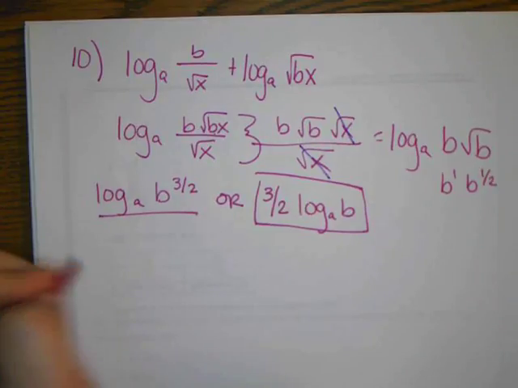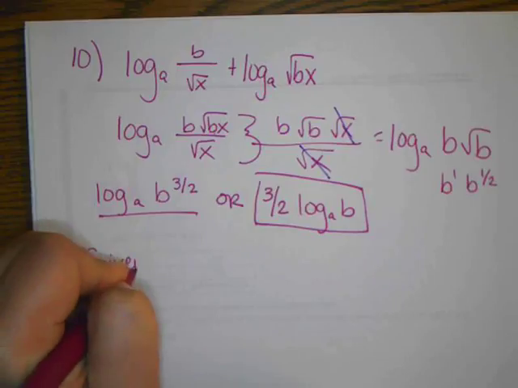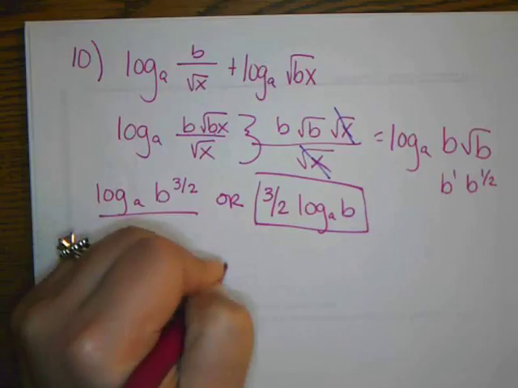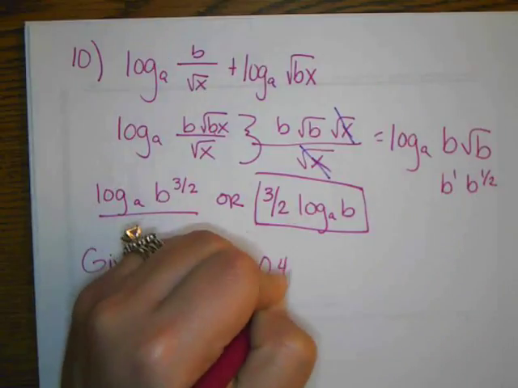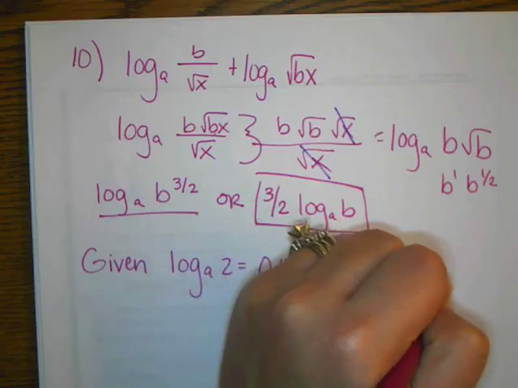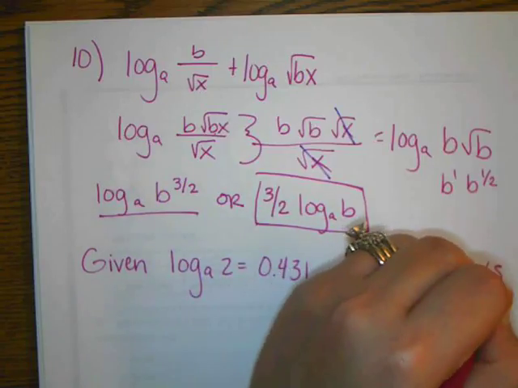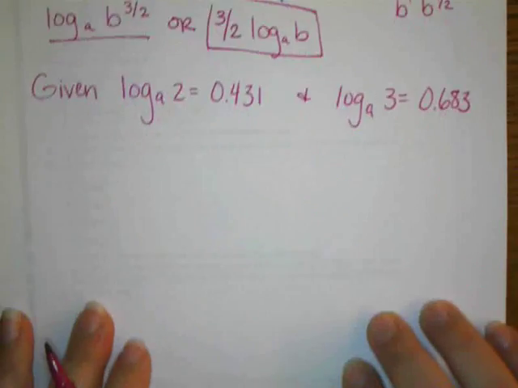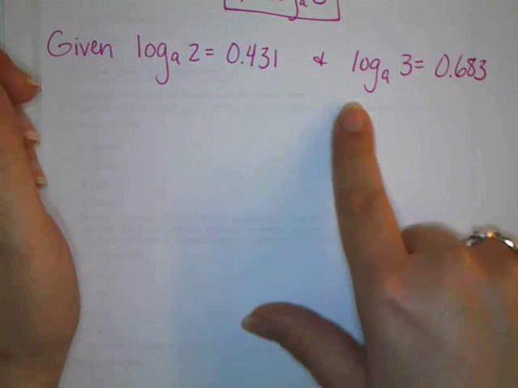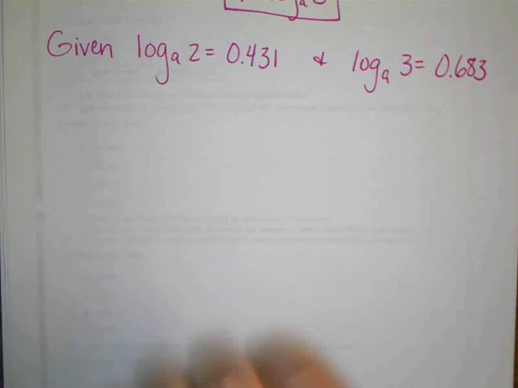Okay, so now we only have a couple left. I'm giving you two circumstances. I'm telling you, say you don't have a calculator, and I'm telling you log base A of 2 is 0.431 and log base A of 3 is 0.683.